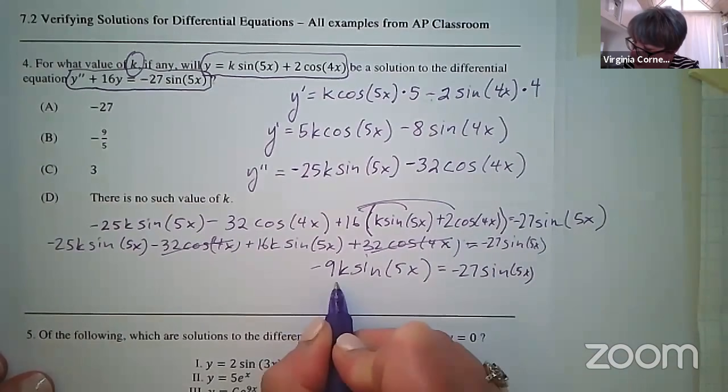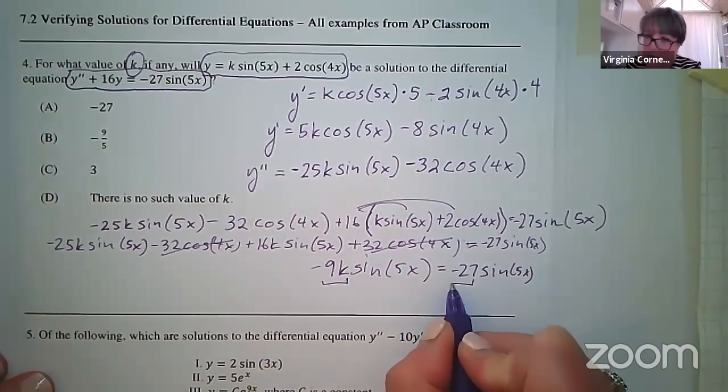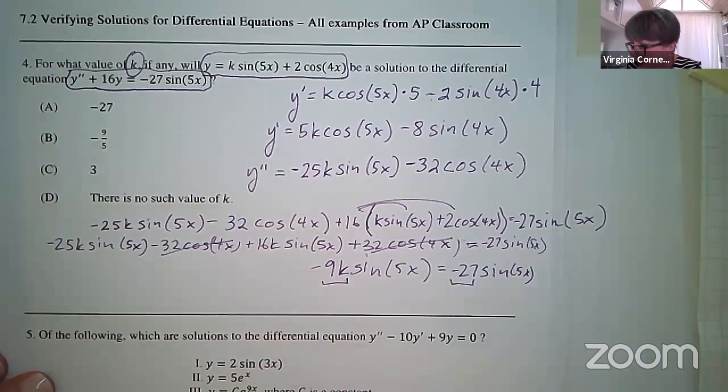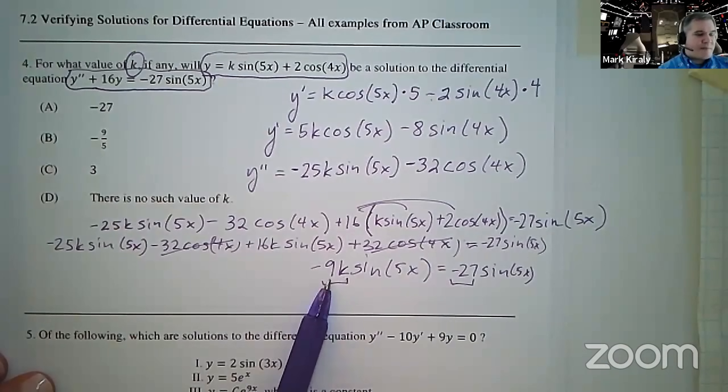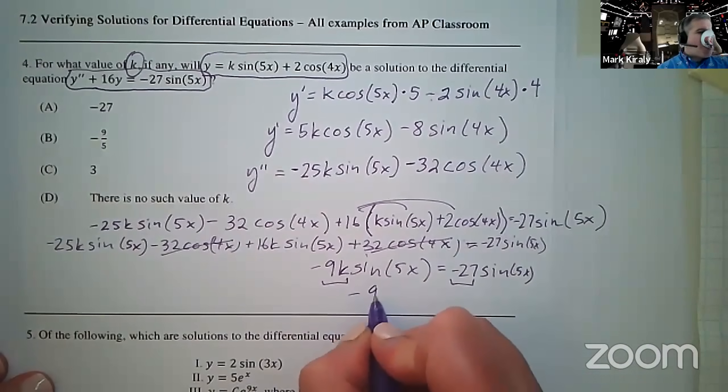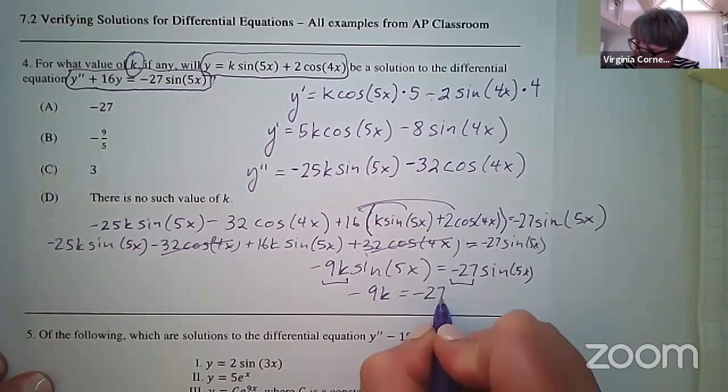Structurally, these two are in the same position. I can think about dividing both sides by sine of 5x. But really, as long as k is equal to 3, then this is a true statement. Yeah, I said negative 3, but I meant 3. That brings up a thought of mine.